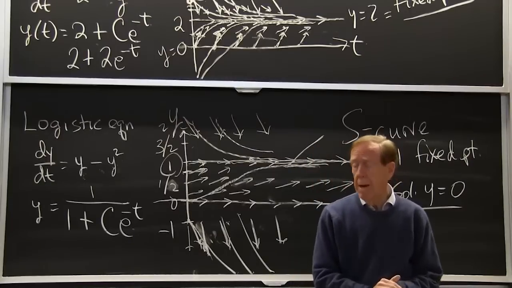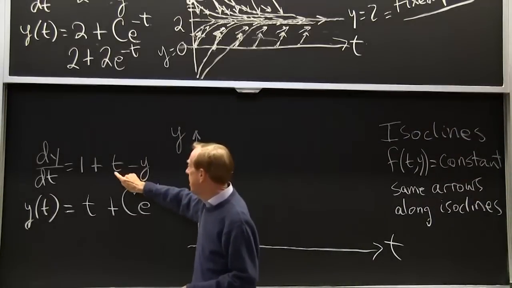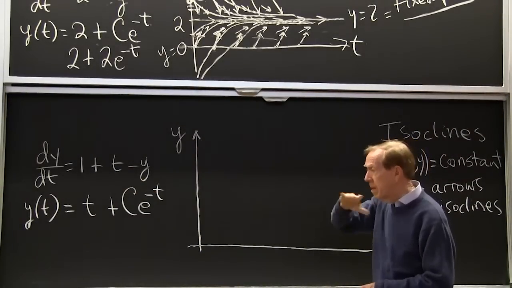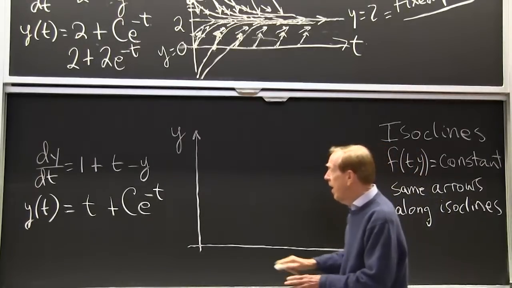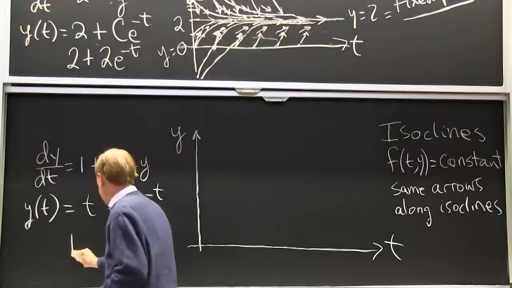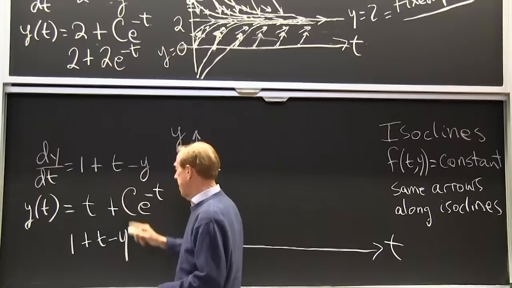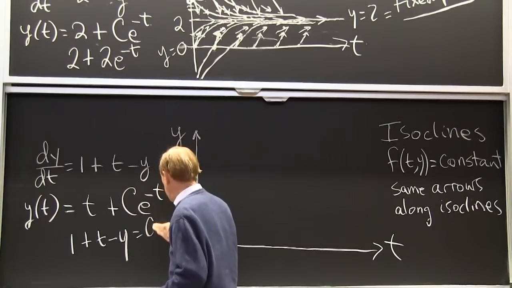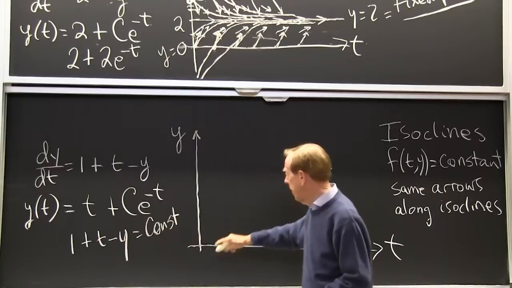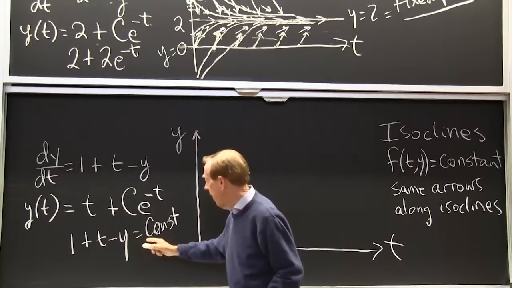Can we do one more example? Let me take a third example that has a t in the function, so the arrows won't be the same along the whole line. If I have 1 plus t minus y, that's the f, equal to a constant, then that's a curve in the plane. Actually, it's a straight line, a 45-degree line.